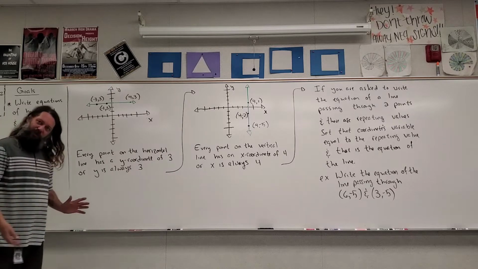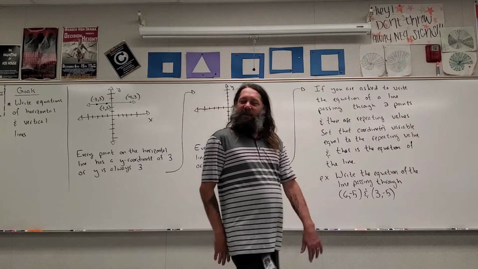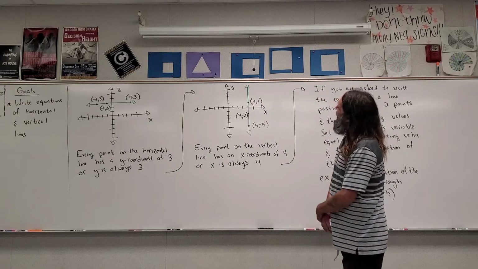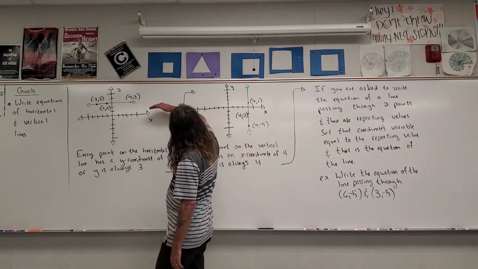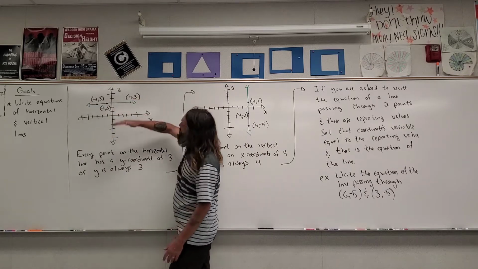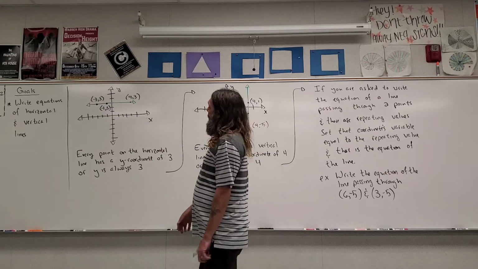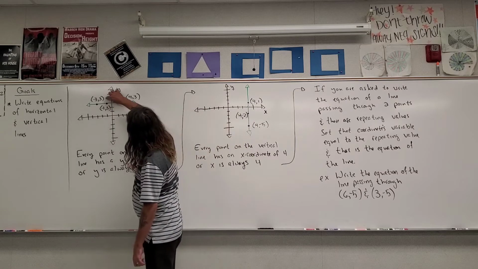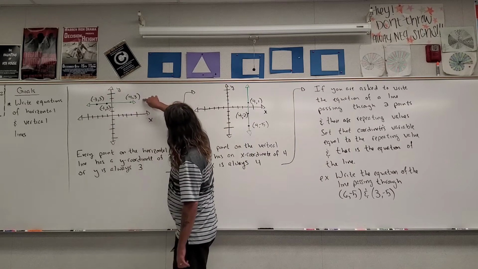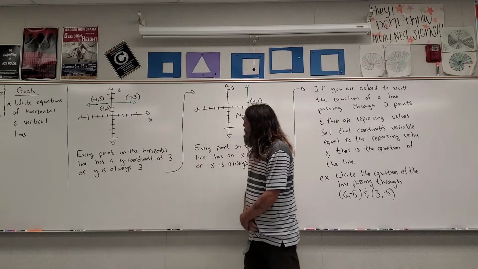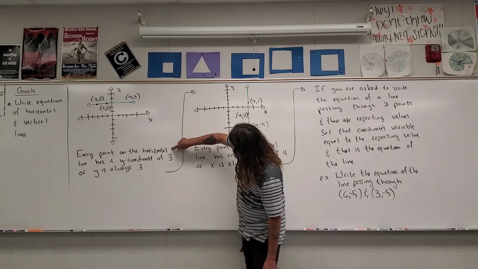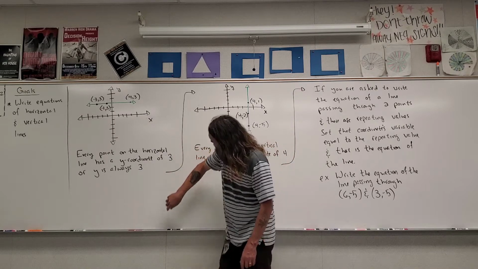This is going to be a pretty short and simple lesson, so I'll just jump right in. I have an example of a horizontal line, horizontal like horizon, and I've noted 3 points and their coordinates on this horizontal line. Notice that every point on the horizontal line has a y-coordinate of 3.